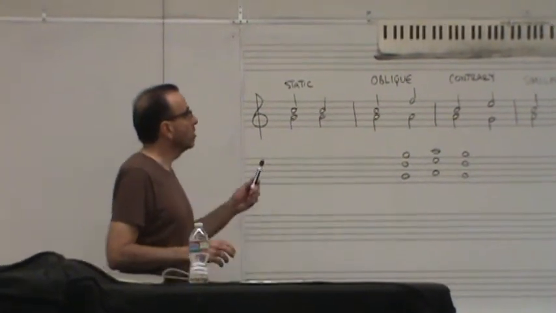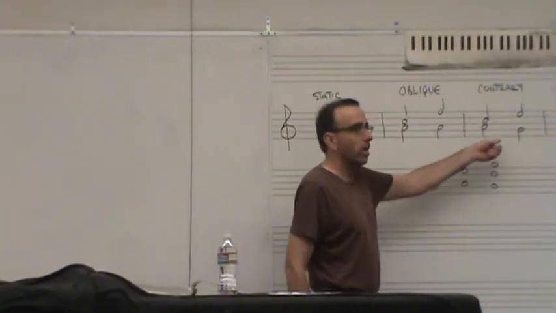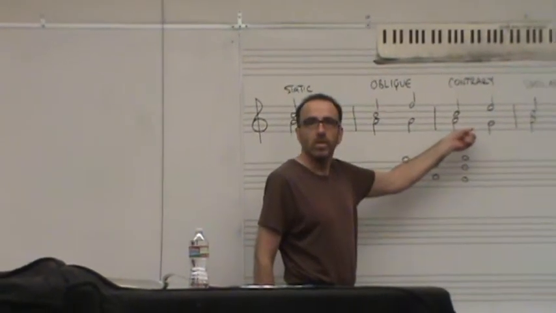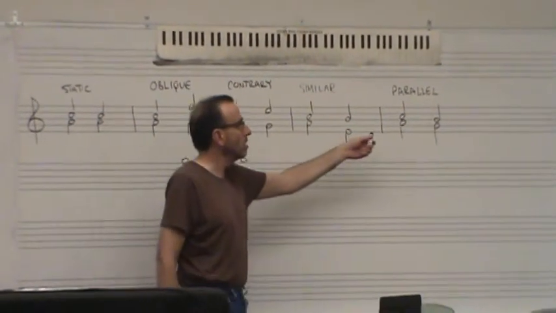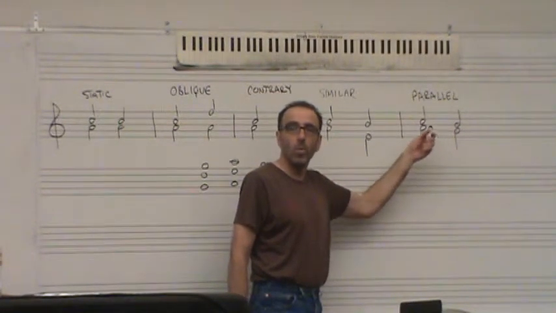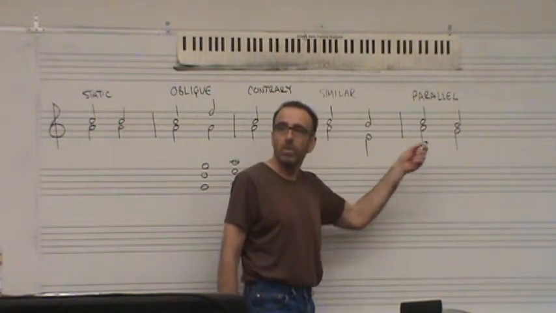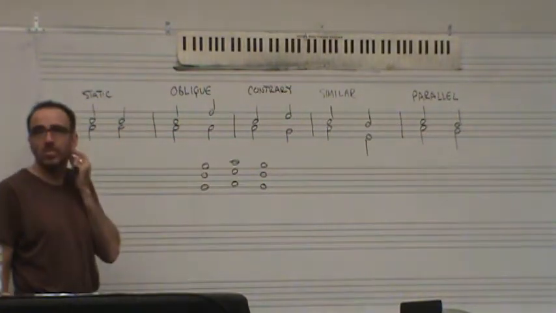So in terms of motion that we like, oblique is good, contrary is good. Similar, tricky, and parallel, you just have to, with a grain of salt, figure out what is parallel. Is it parallel fifths or parallel octaves? Bad. Is it parallel sixths? That's okay.